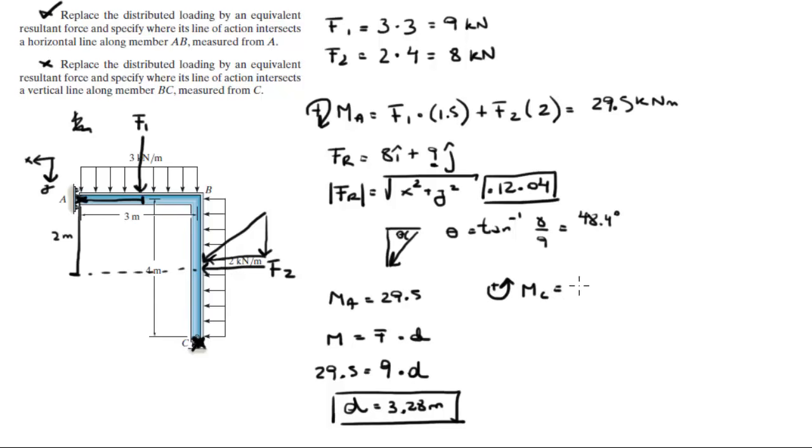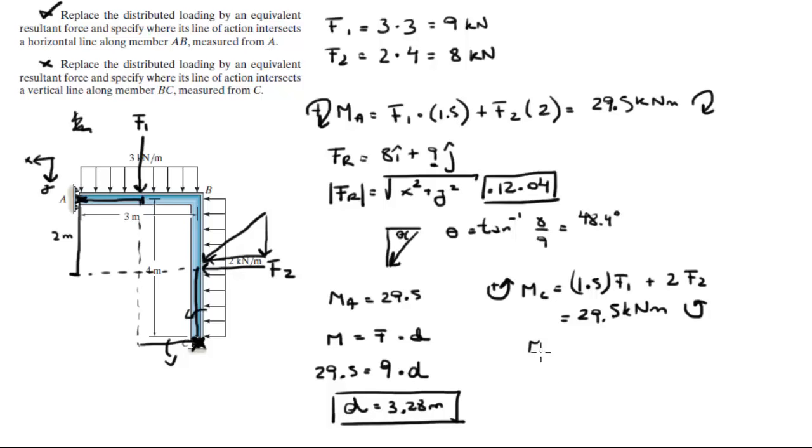The moment about C is equal to 1.5 F1, because F1 is turning this lever arm, plus 2 F2, because F2 is turning this lever arm, both counterclockwise, and it is equal to, again, 29.5 kilonewton meters. You might be saying it's the same magnitude as the other one, but there's a slight difference: this one is clockwise, this one is counterclockwise.